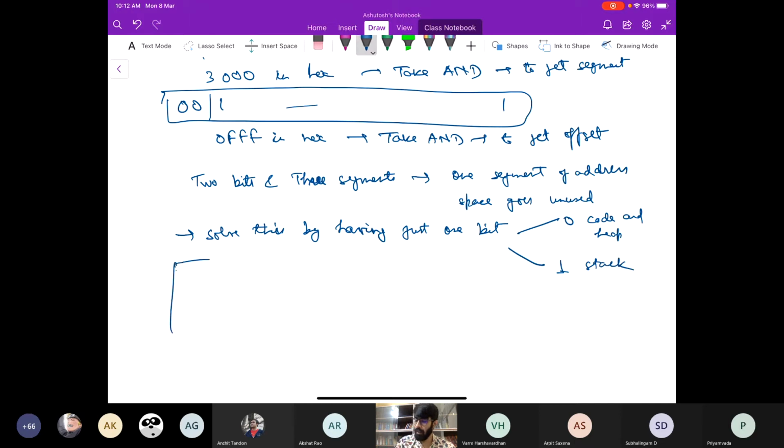So basically the address space gets divided like this: this is 0, where the code and heap will lie. This is 1, where the stack will be.